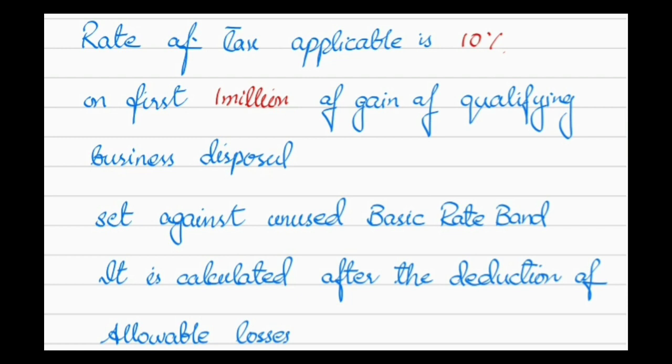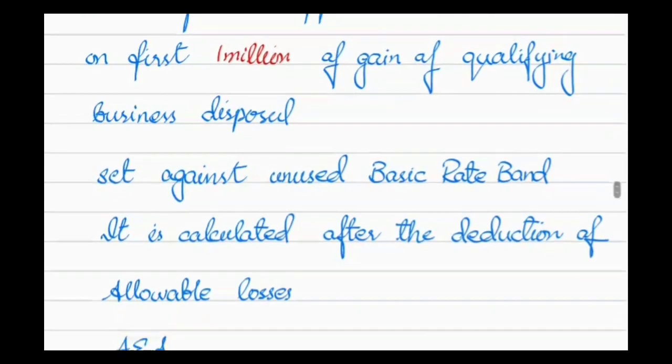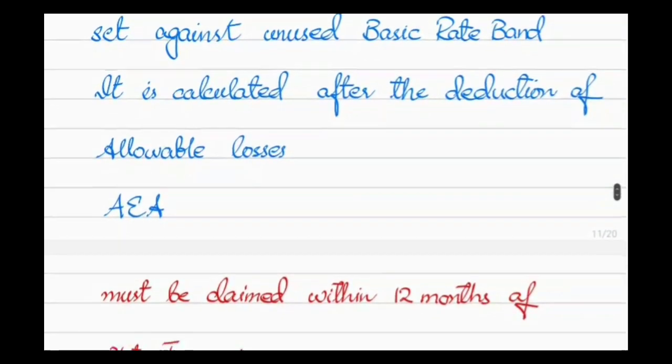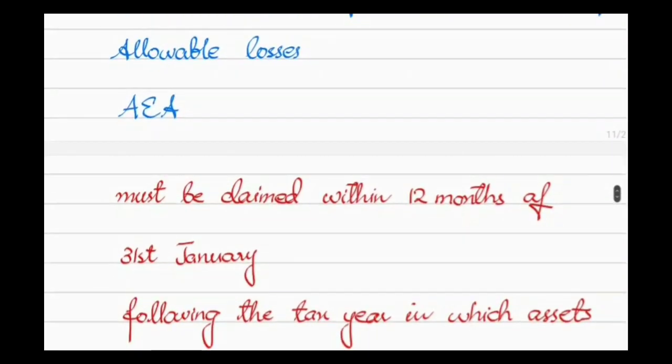You know that as a result of the unused basic rate band, your tax rate is also 10%. But if you are claiming business asset disposal relief, you have to sacrifice that benefit. It is calculated after the deduction of allowable losses and the annual exempt amount.